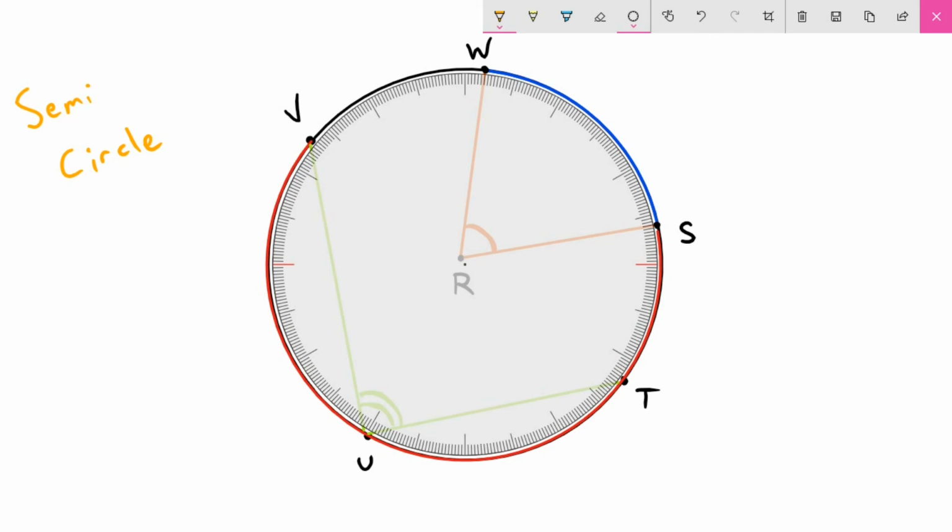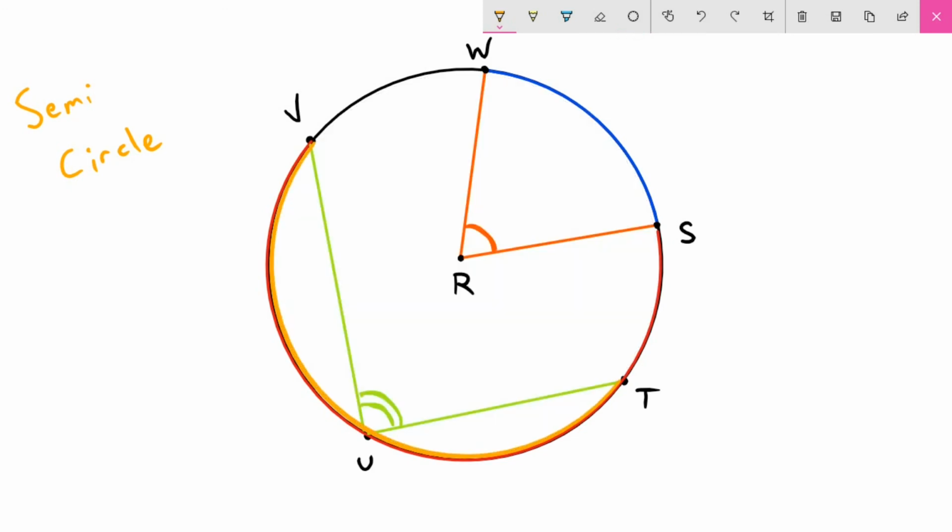Remember what an arc is. Now I'm going to pick an arc that's exactly half the circle. On my picture, starting from V, going over all the way to U, and then stopping at T, because that's exactly half the circle. So from V to U to T.